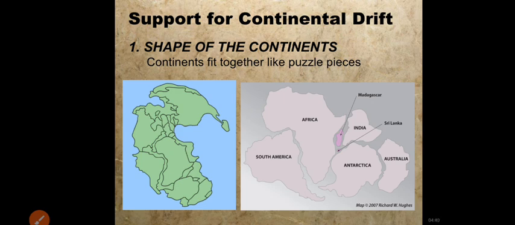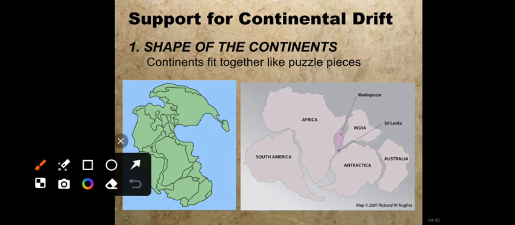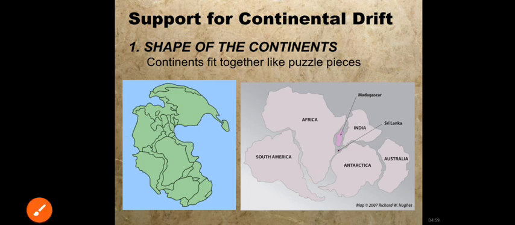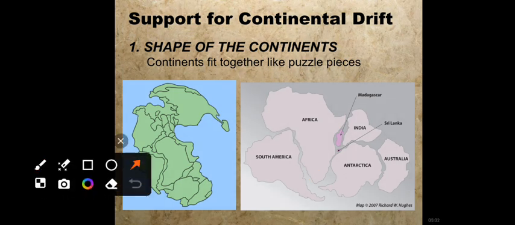When you look at the spaces that separate the land masses and fit South America and Africa together, you can see they fit because they appear to be the same. This place and this place were once together and they broke apart.